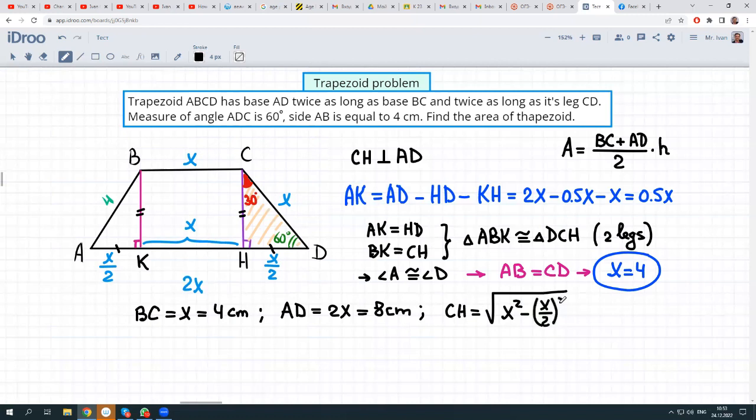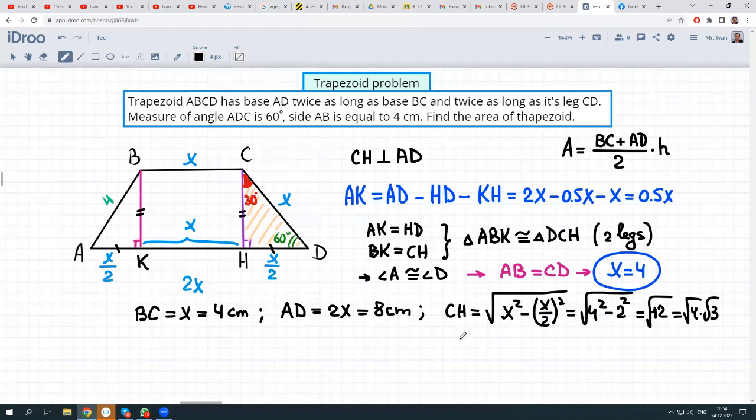I substitute the numbers: 4 squared minus 2 squared, which is 16 minus 4, so the square root of 12, which is root of 4 times root of 3.